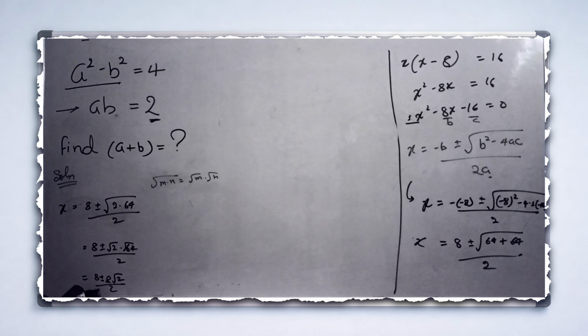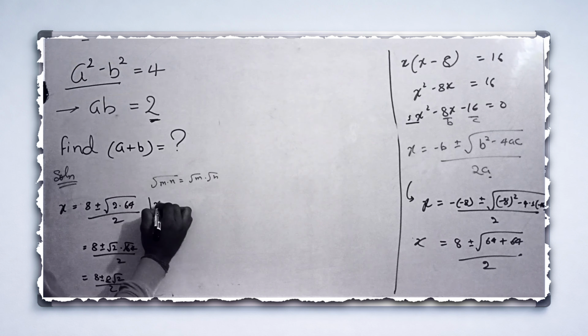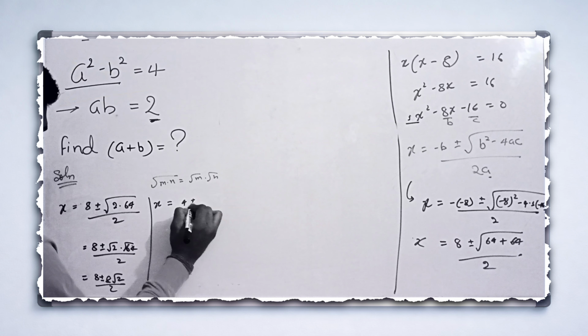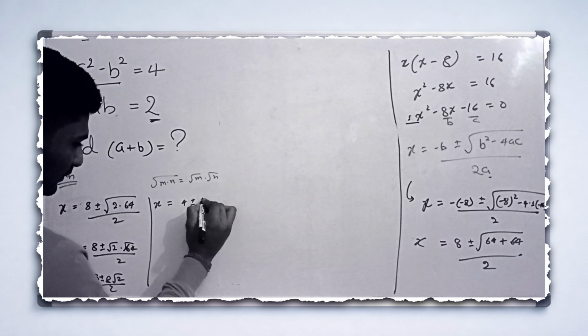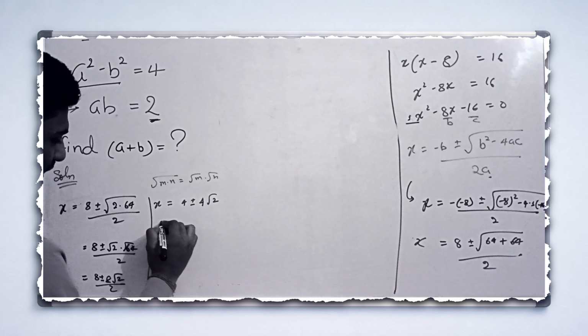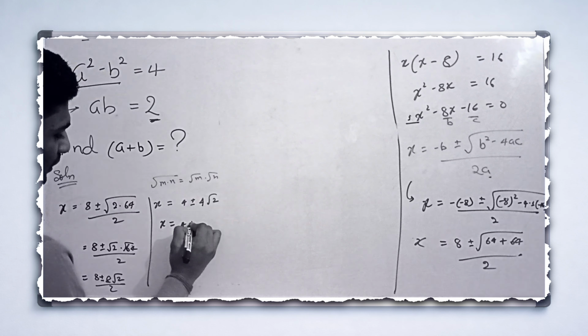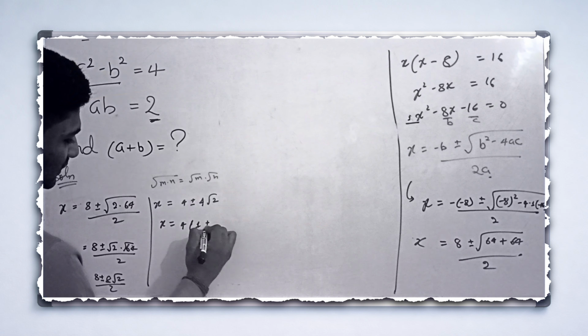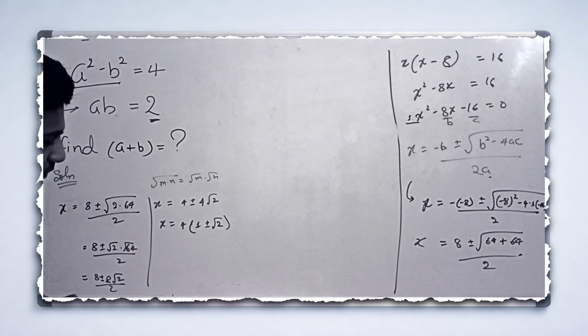Now dividing both numerator and denominator by 2, we get x is equal to 4 plus minus 4 root 2, or when we take 4 common, we get x is equal to 4 times 1 plus minus root of 2.